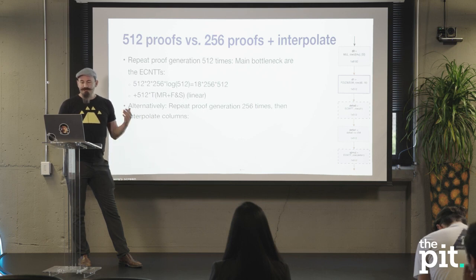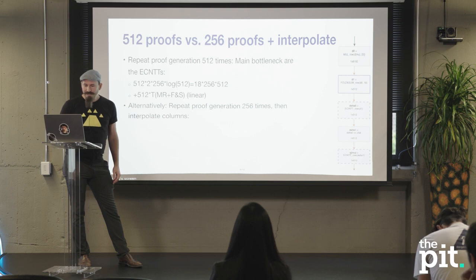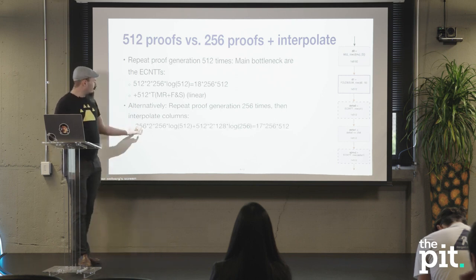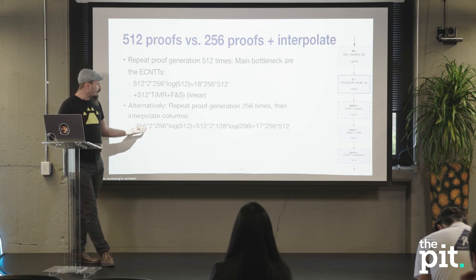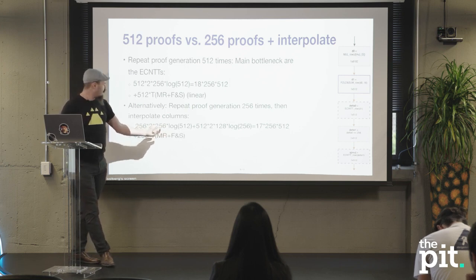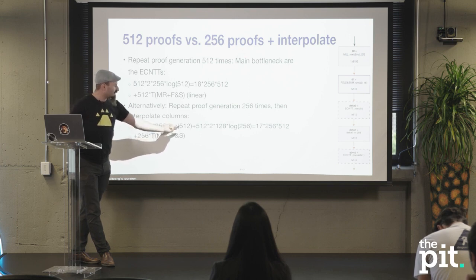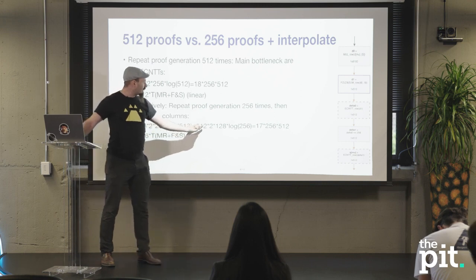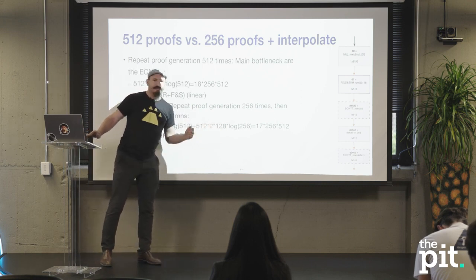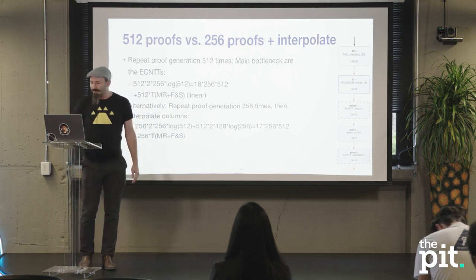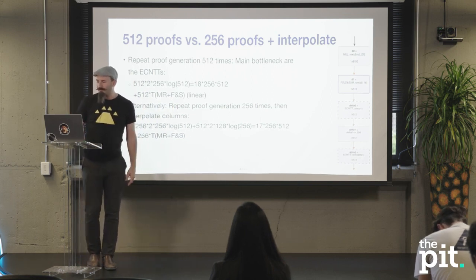Alternatively, we can repeat the proof generation 256 times and then interpolate the columns like we did before. We do an inverse NTT and another NTT to get the interpolated data. And this will take 256 times 2 times 1/2 512 log 512, and then another 512 times 2 times the time it takes to do the NTT for half this number.